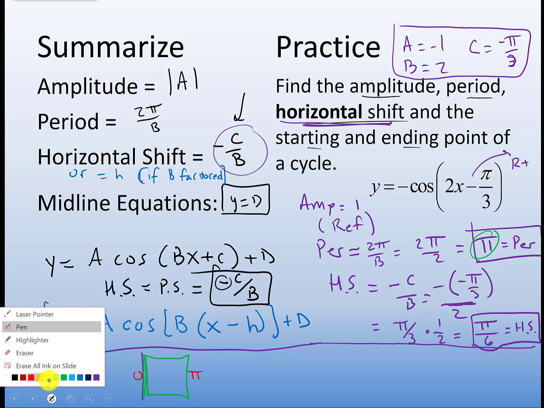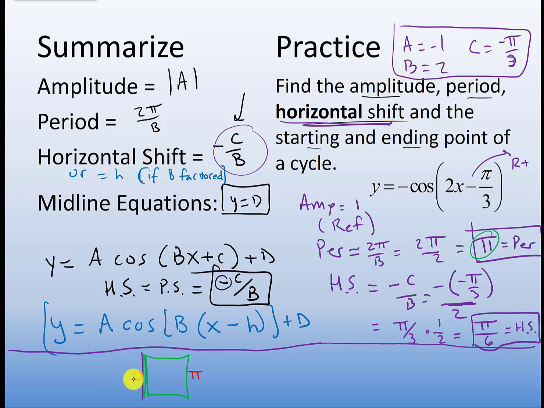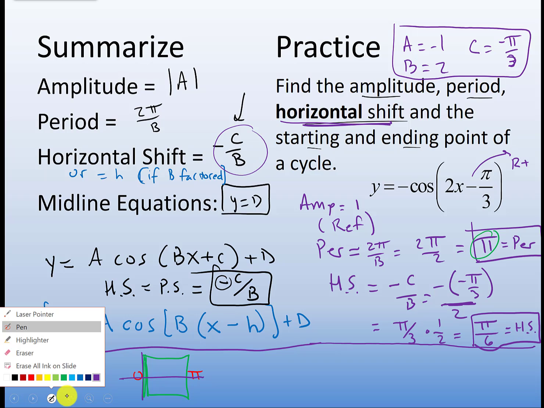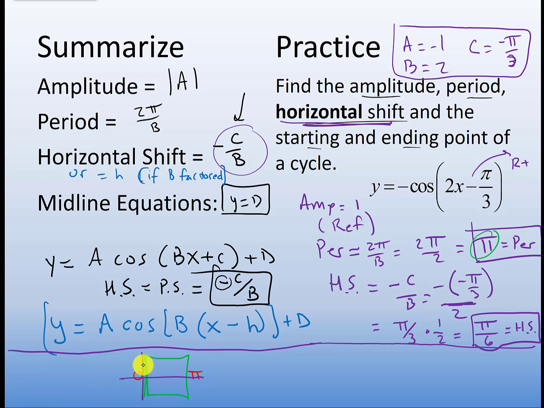Okay, so that would be the normal starting on a graph, except there's a shift. So the whole box has to shift. So I have to move the box π/6, which means the end of the box, normally it would end at pi.